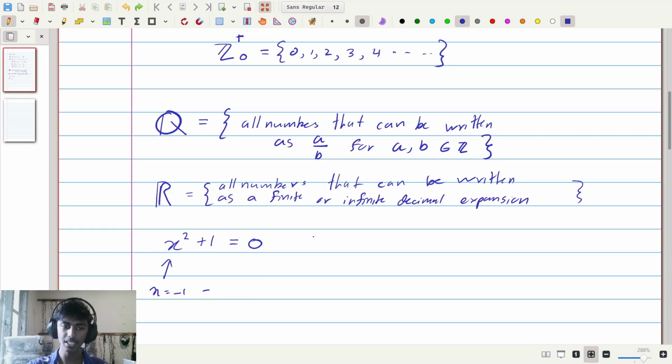We could try even harder, or we could simply use some algebraic rearranging and figure out that x squared has to be negative 1, which doesn't exist for the real numbers, because any positive number times itself is a positive number, and any negative number times itself is also a positive number. You cannot get a number times itself to equal a negative number within the real numbers.